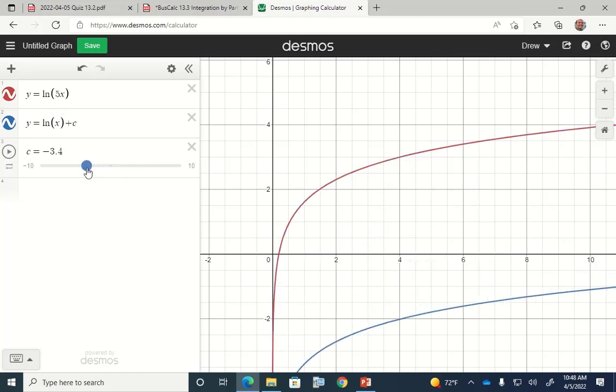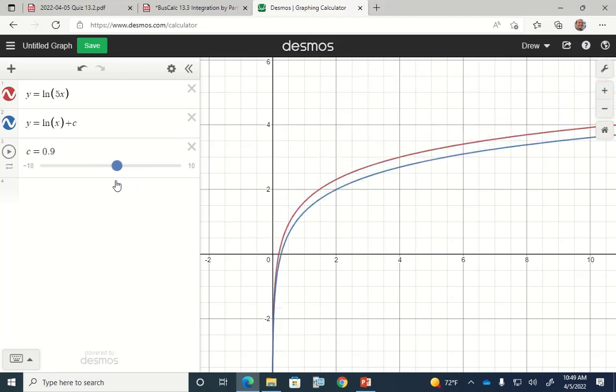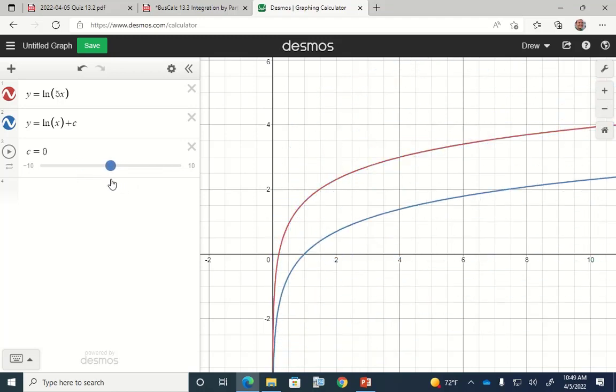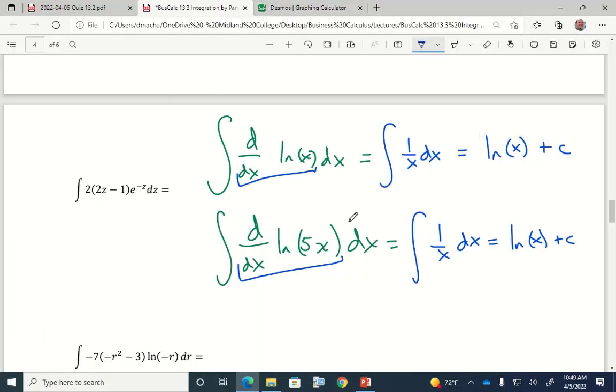So the only difference between natural log x and natural log 5x is just a vertical translation, which can happen with the right choice of c. The first time I saw that, I was like, man, that really feels like a contradiction. It feels like math just got broken. But no, the trick is the flexibility in the plus c.